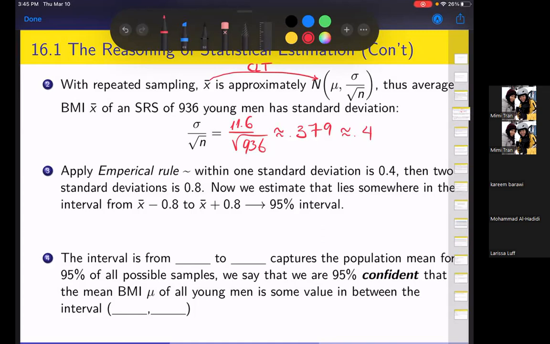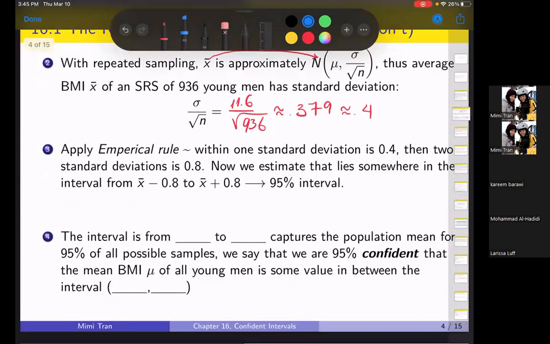Then 2 standard deviations from the mean on both sides will be 0.8. Now what I'm going to do is take X bar minus 0.8 and X bar plus 0.8. So this implies X bar minus 2 times the standard deviation to X bar plus 2 times the standard deviation.